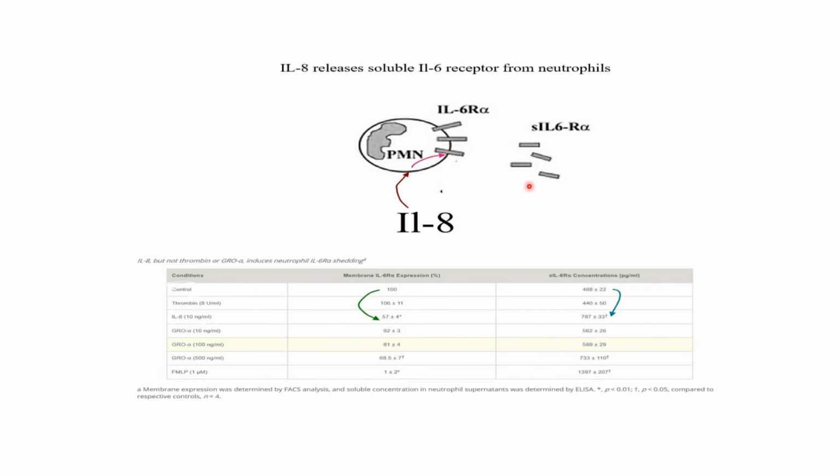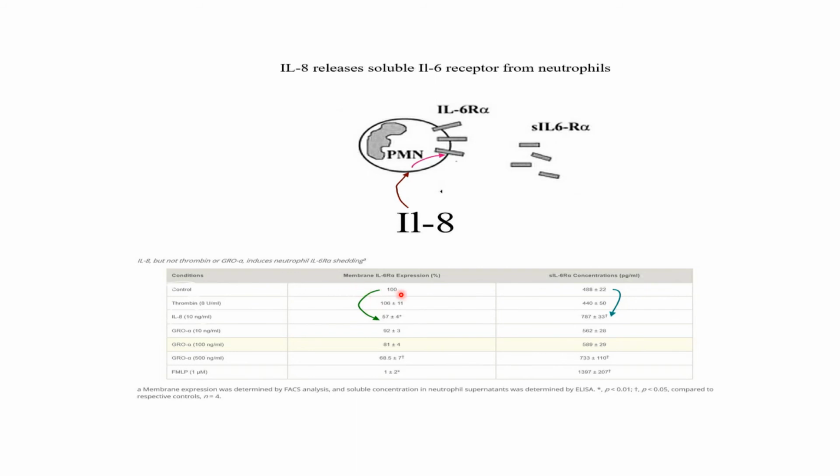Remember we were talking about soluble IL-6 receptor? And there's one way of getting it. In comes IL-8, signal transduction, leading to events which cleave off the IL-6 receptor from the membrane of the neutrophil. So you have an increase in soluble IL-6 receptor.